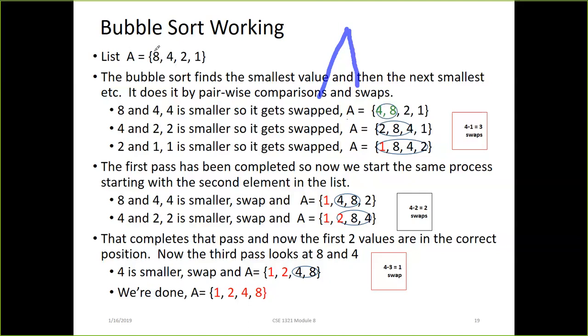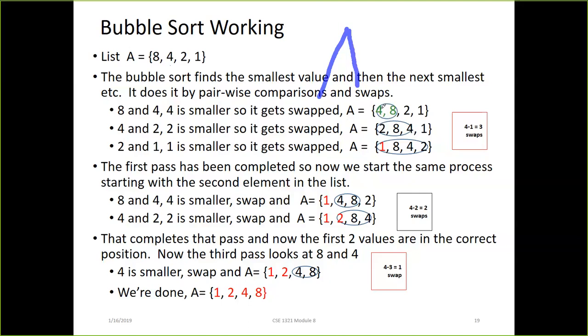Since 4 is less than 8, we will swap 4 and 8, so 4 will come here and 8 will go there. This is not the end of the first iteration yet. Then again we make the bubble larger, and we will compare 2 and 4.